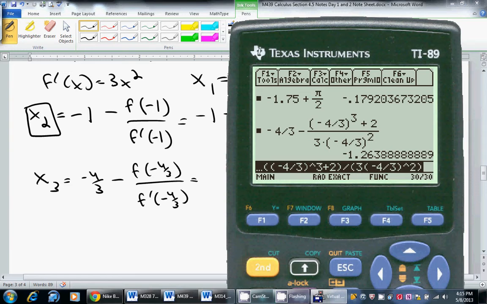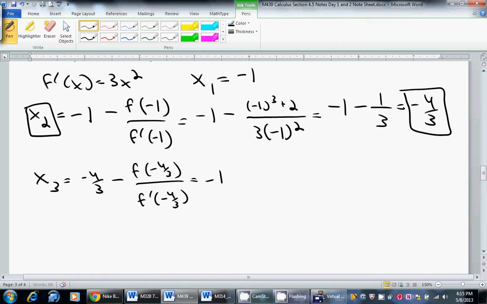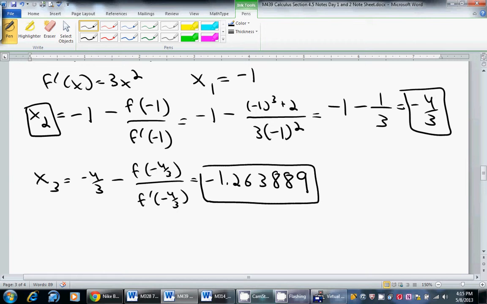And here's what I got: negative 1.263888889. So basically I'm going to write in this whole number. Now the book says about 6 decimal places. I guess we can go 6 decimal places. So negative 1.263889. Okay, there's x sub 3.